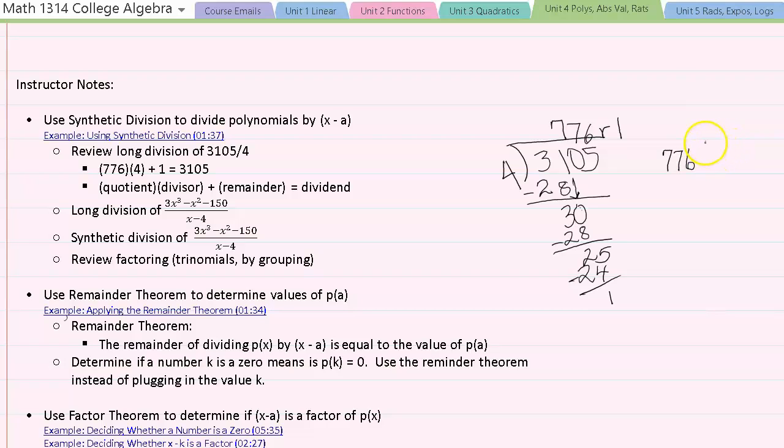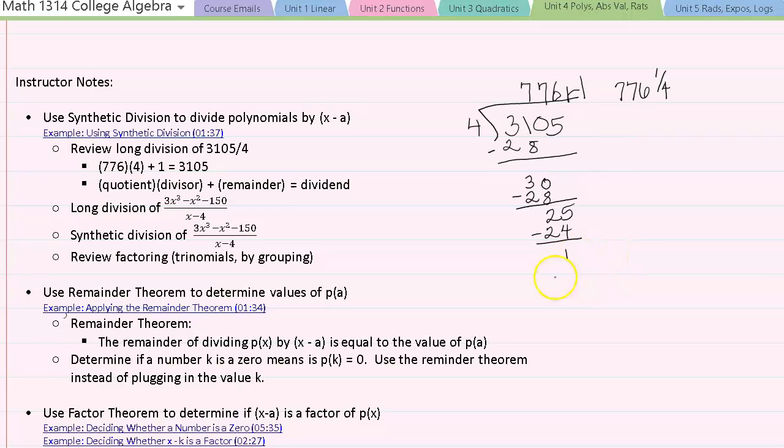Later, when we were learning how to do long division, we saw that we could write our answer as 776 and 1/4, where we wrote our remainder over our divisor. Notice that we can write 3,105 as 776 times 4 plus 1, which is our remainder.